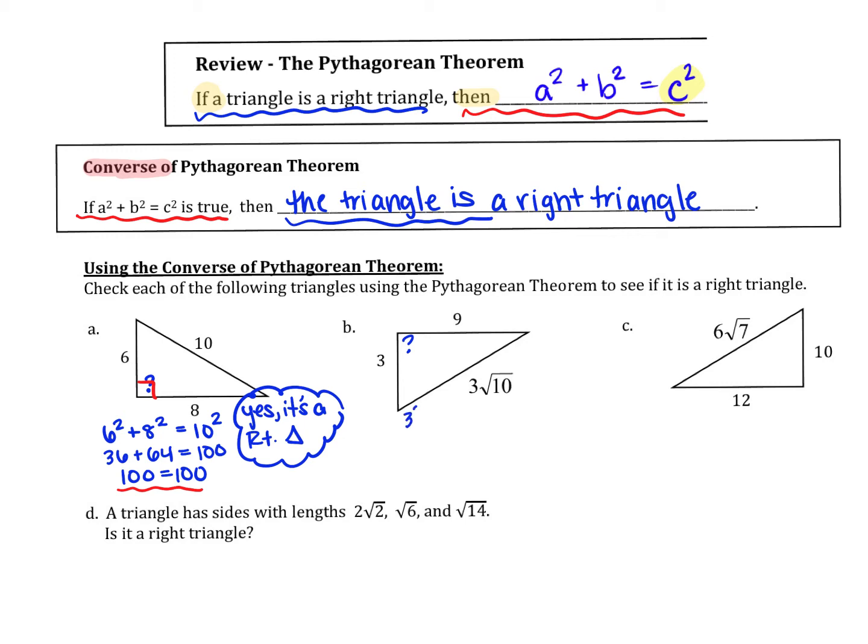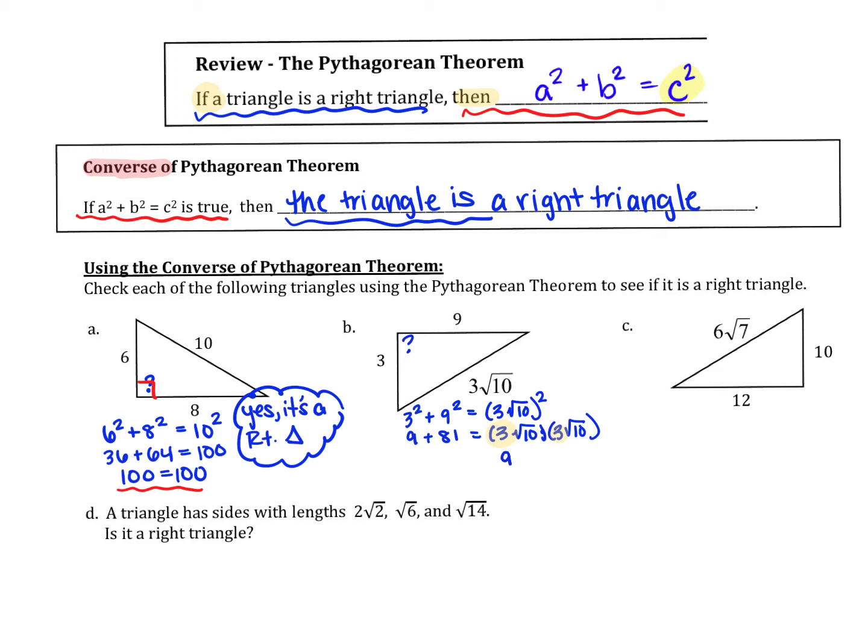So we have 3 squared plus 9 squared, and we're going to take the whole thing of 3 root 10 squared. So we have 9 plus 81. Remember, 3 root 10 squared means 3 root 10 times 3 root 10, okay? For this one, you multiply the whole numbers: 3 times 3 is 9.